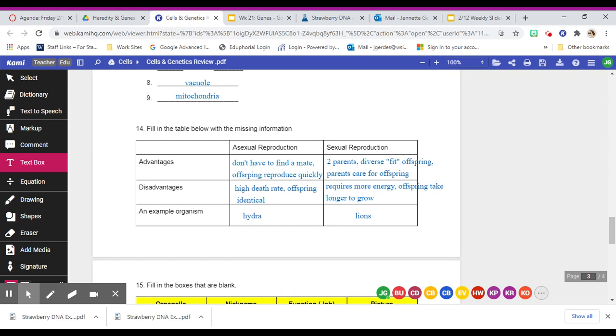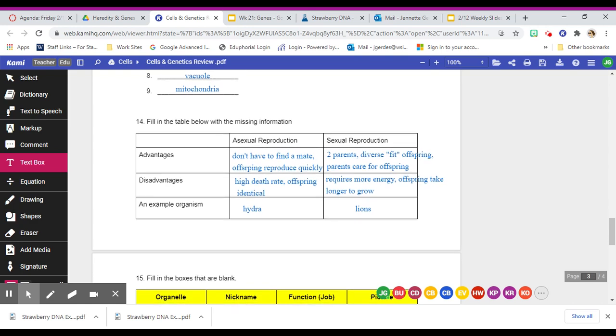Remember, this is what we talked about when we talked about adaptation earlier this year. Parents care for offspring, so that helps with survival rates. Some disadvantages is it requires more energy to find a mate. Also takes longer for the mother to have the offspring, so the offspring takes longer to grow. And then my example is lions.